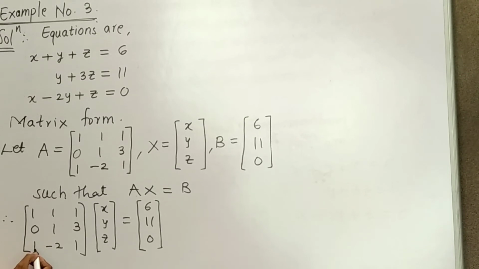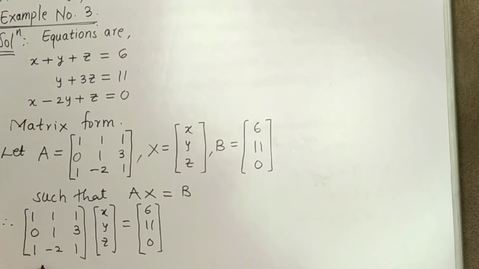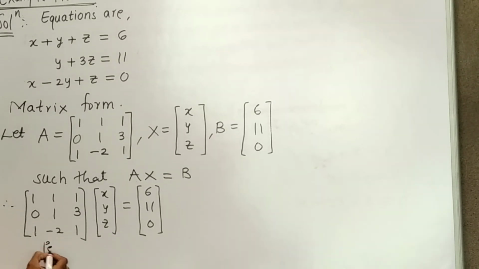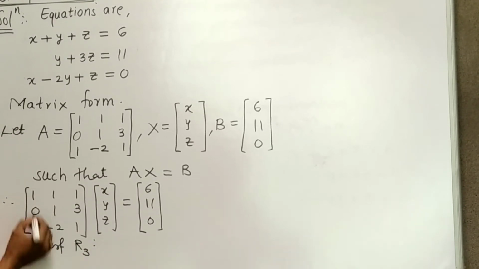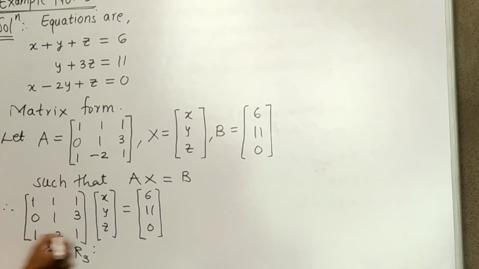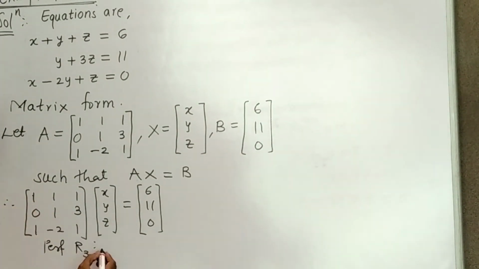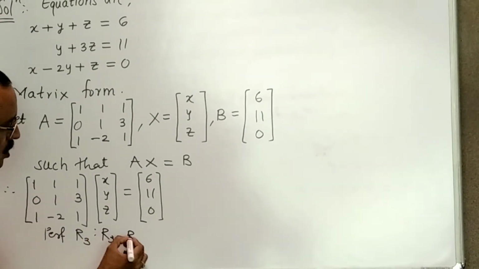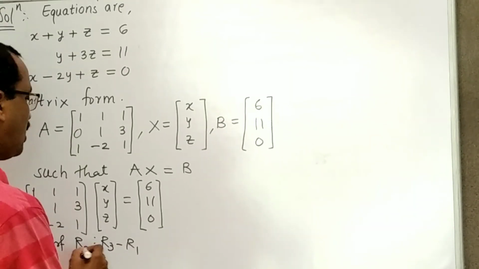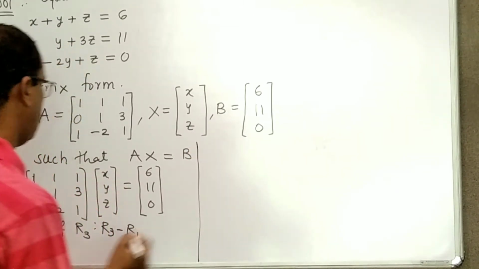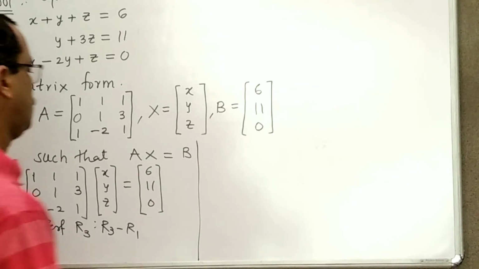So I write the transformation: performing R3 such that 1 minus 1 is 0. This 1 is in R3 and the other 1 is in R1. So R3 minus R1. We change R3 accordingly: R3 minus R1.